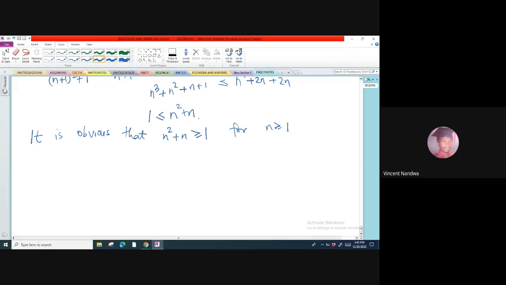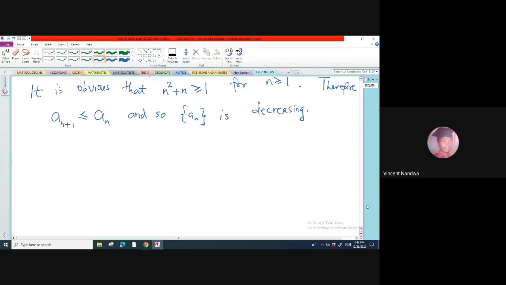Therefore, an plus 1 is less than or equal to an, and so an is decreasing. So we just show it from the definition of decreasing.